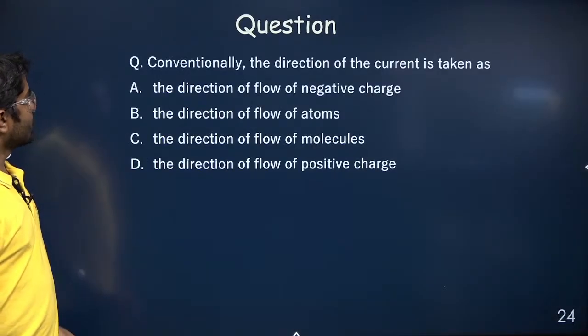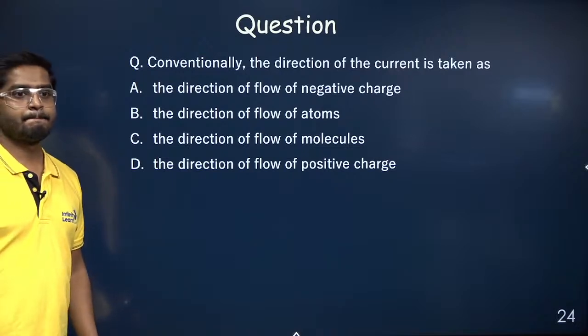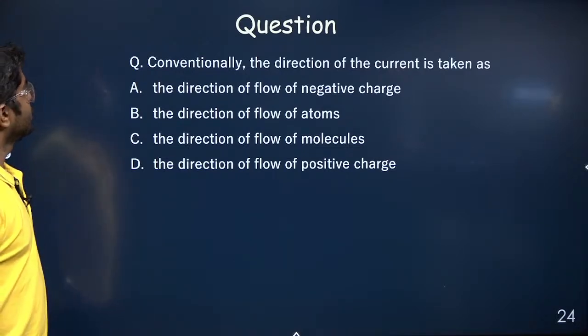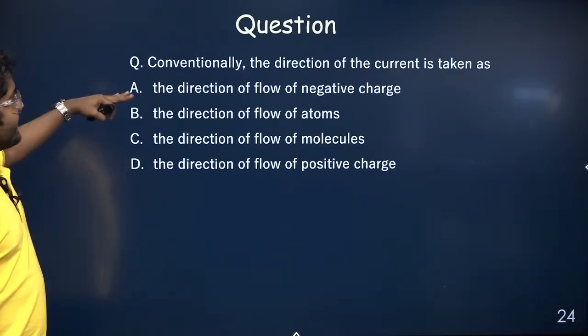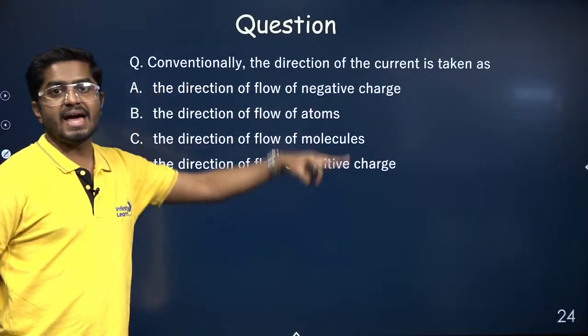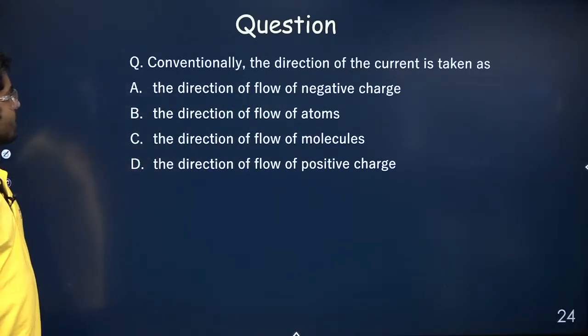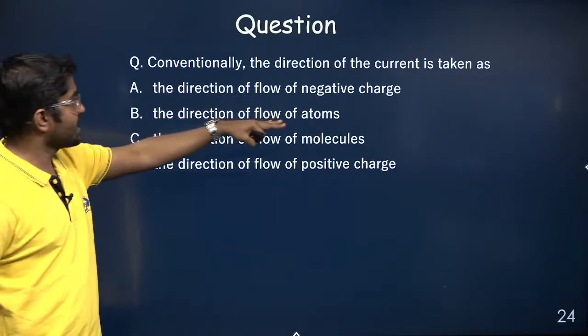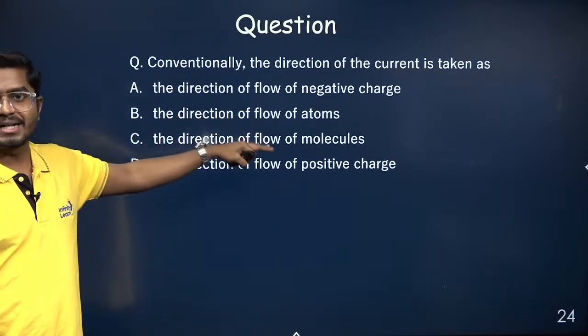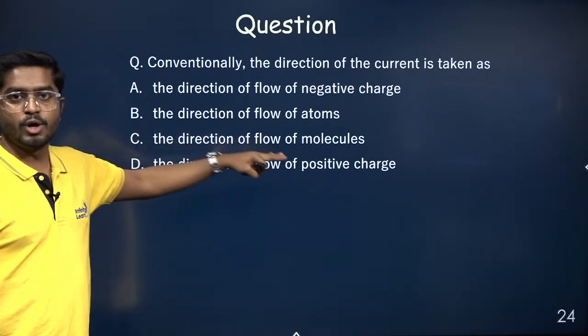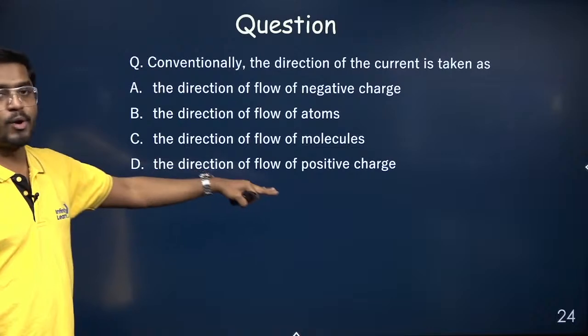Alright, solve this. Conventionally, the direction of current is taken as the direction of flow of negative charges, atoms, molecules, or positive charges.